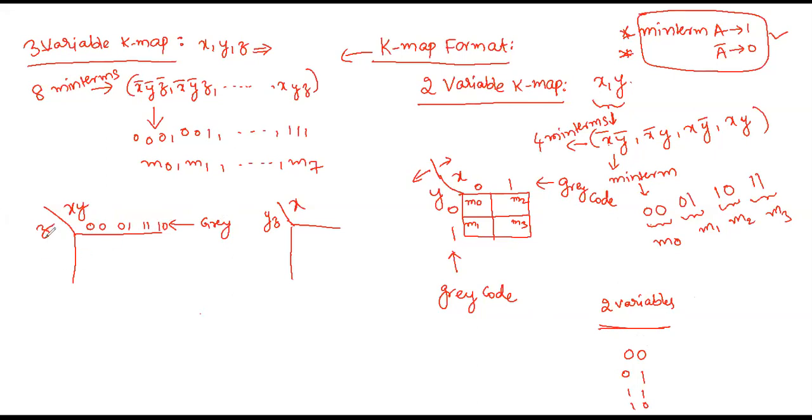For z, it has only two values. This is the format of the three variable K-map. X will take only either 0 or 1. For y z, you have to write in gray code, the sequence is 00 01 11 10.